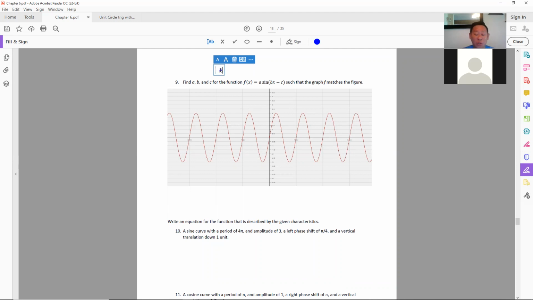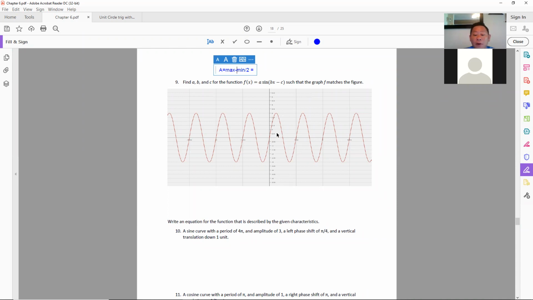So your amplitude in this case is going to be your maximum minus your minimum, divided by 2. Sorry, wrong formula at first: it is maximum minus minimum divided by 2, not plus.